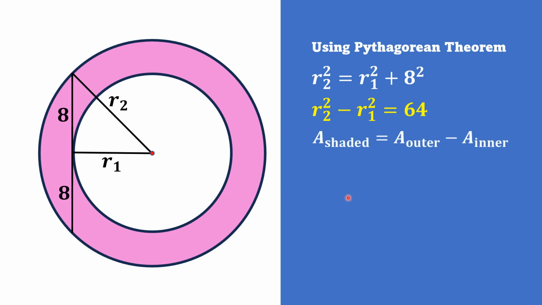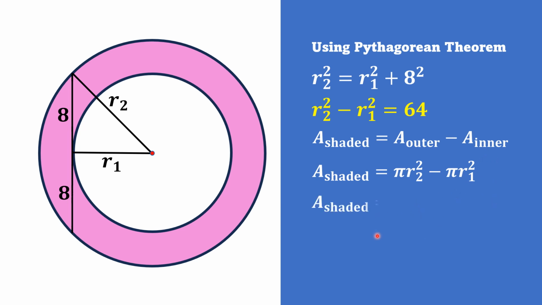Now area of this shaded region is equal to the area of this outer circle, which is the larger circle having radius R2, minus area of the inner circle having radius R1. So we know that area of the circle is equal to pi r square. So area of this outer circle is pi R2 square minus area of the inner circle is pi R1 square.